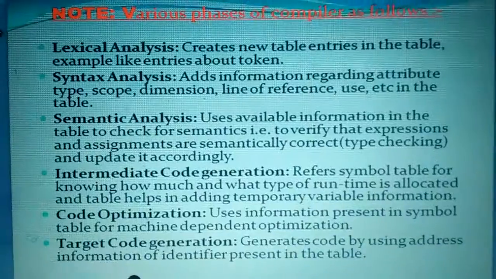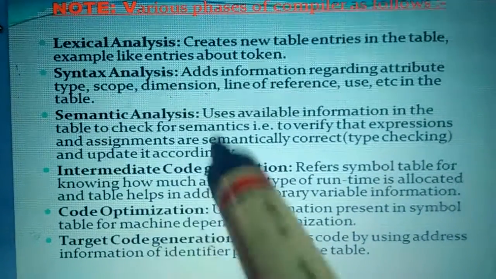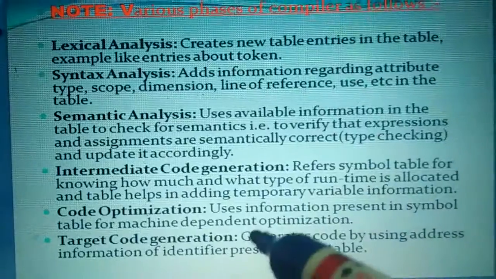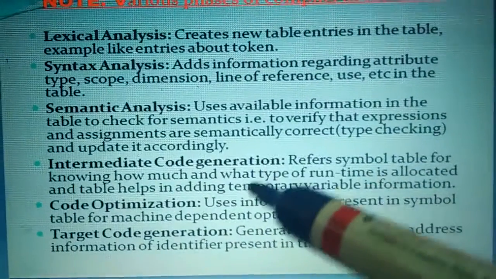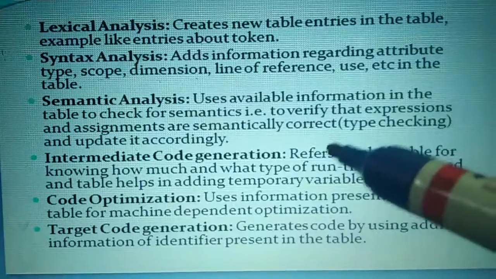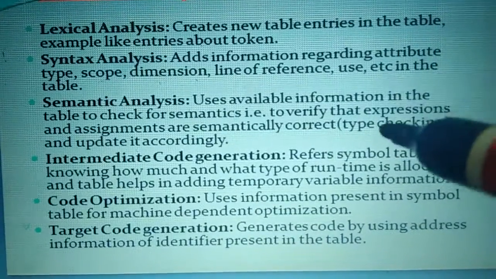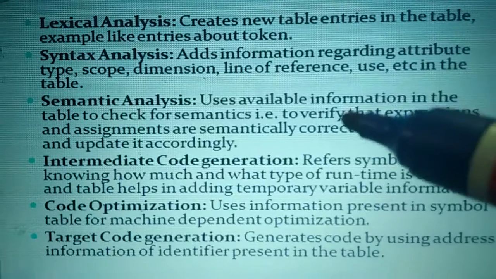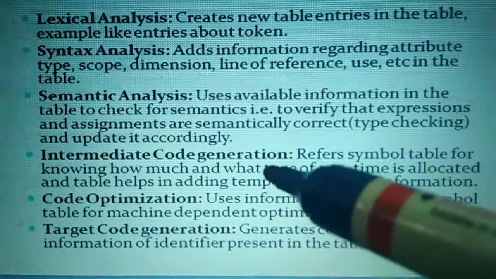Among these phases of the compiler, when do we require the symbol table? The symbol table stores all the entries of the program, those entries or those variables which are required in the program.